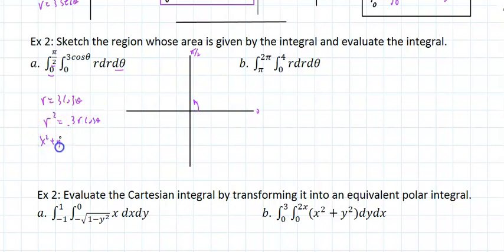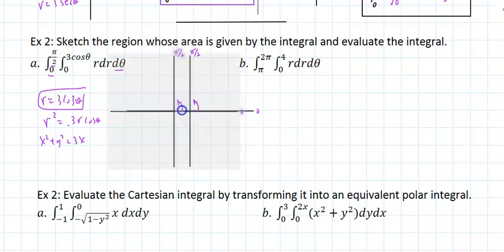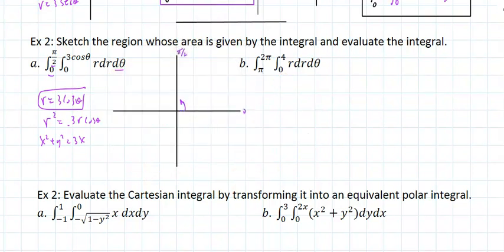That is x squared plus y squared equal 3x. Now, of course, you don't have to do that because we know this is a circle, I just need to center that better. We know that's a circle, center at the origin, with a diameter of 3.